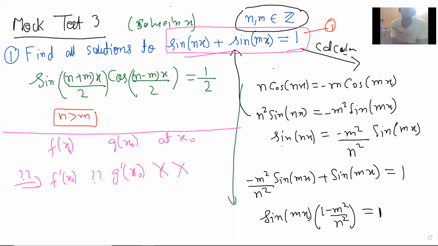It makes no sense to differentiate unless you are given that f(x) equals g(x) on some interval, or there are some other weaker conditions that can be given, but let's not think about them. These two functions locally don't need to have the same slope at x naught, so you cannot differentiate. All right, good. So it makes no sense to differentiate.